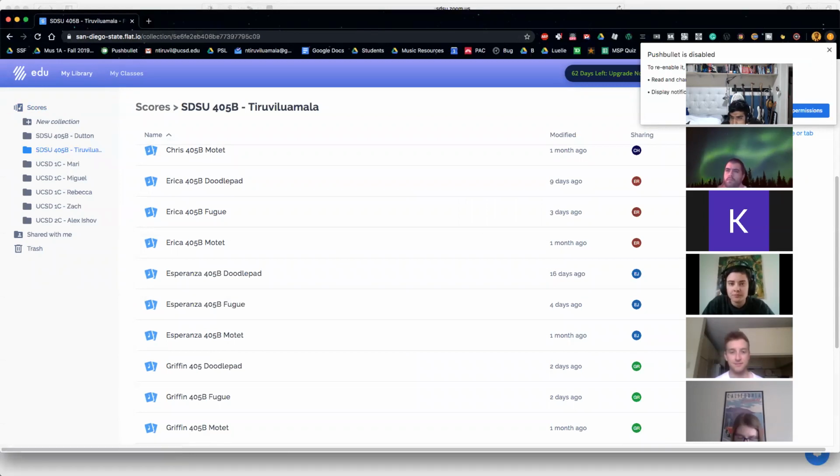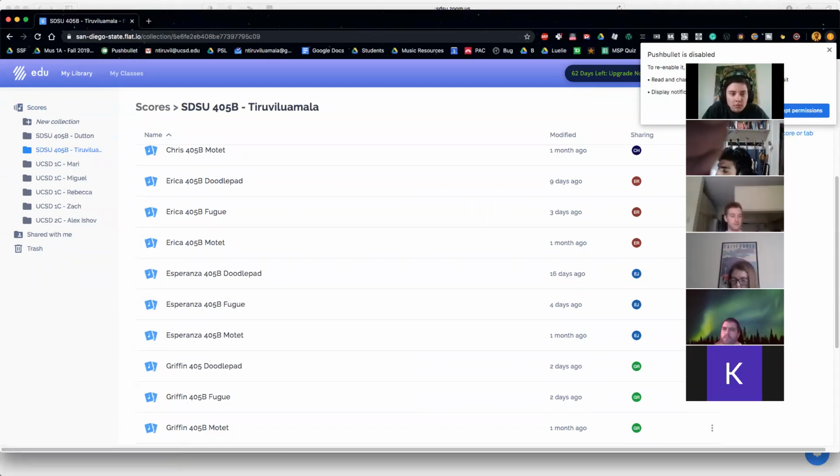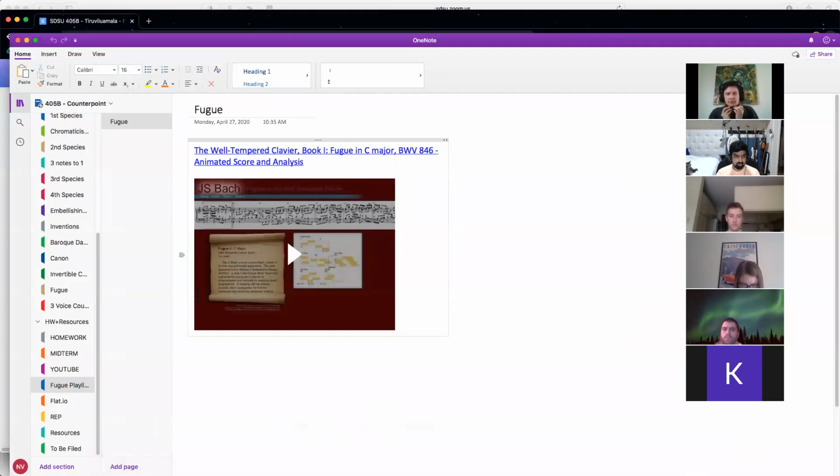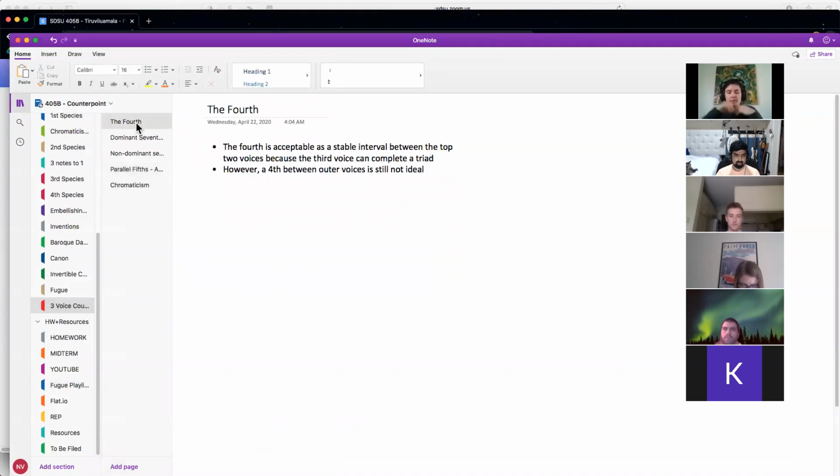But without further ado, all right, so I guess I can tell you a little bit more about three-voice counterpoint. This is something that you're going to come up against once you introduce the subject in the third voice. I know that we've talked about how the fourth is not generally the best interval for strong beats.